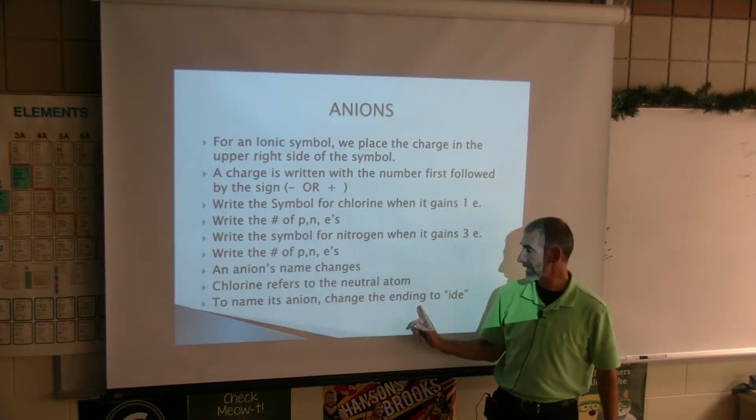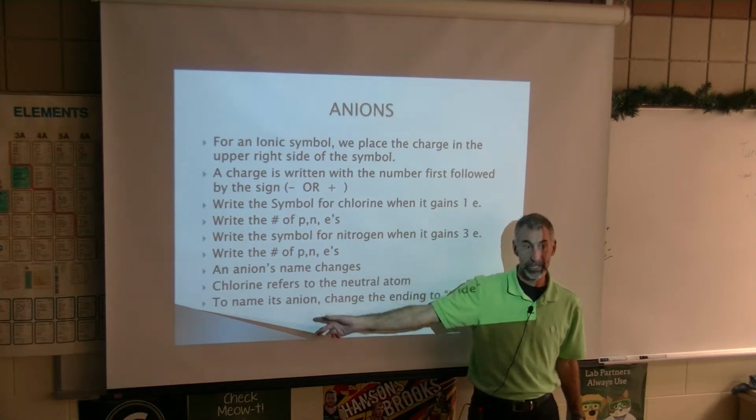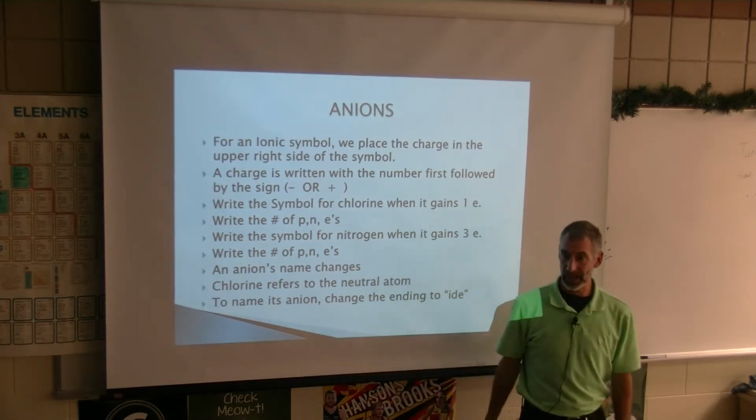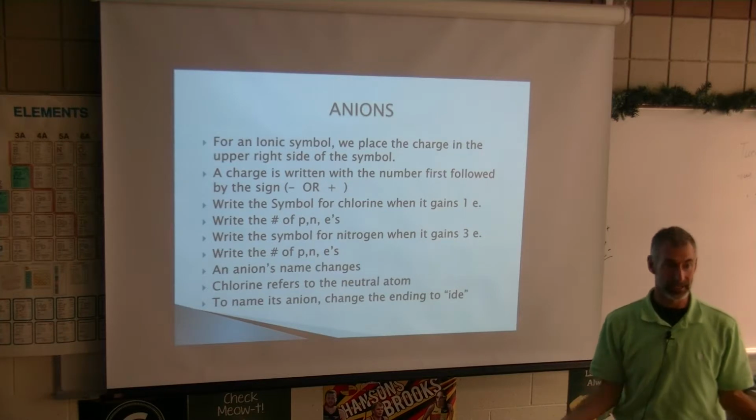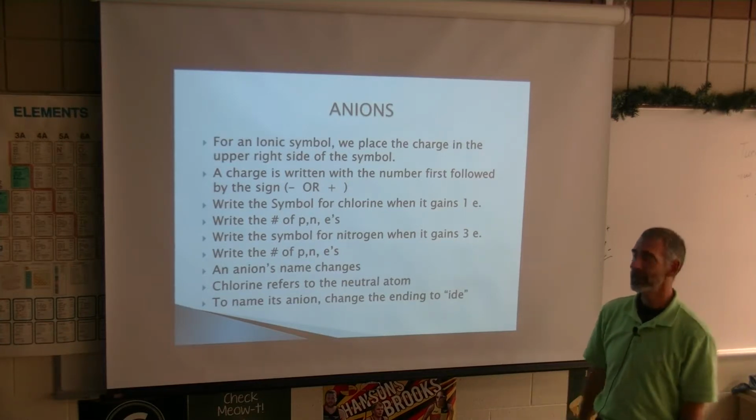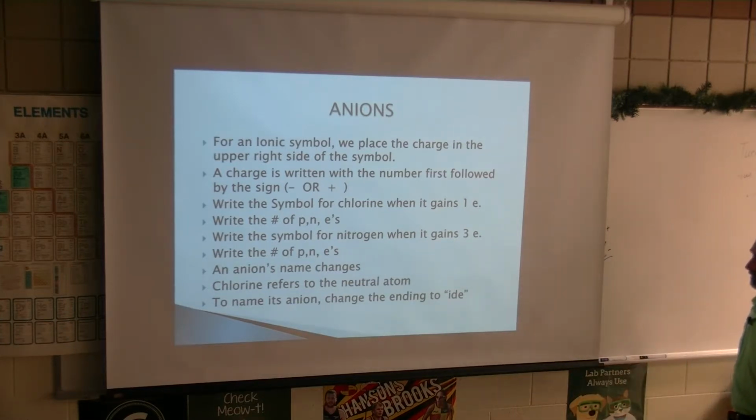What name are we going to give that anion? Chloride. You've heard that term a lot, right? You've heard sodium chloride, your table salt. So your anion element is going to change the ending to IDE.